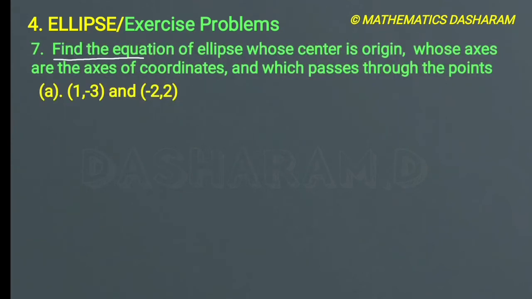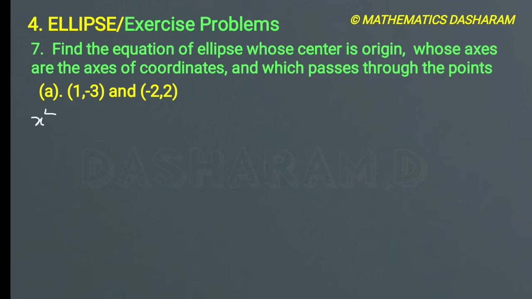Seventh one: find the equation of an ellipse whose center is origin, whose axes are the axes of coordinates, and which passes through the points (1, -3) and (-2, 2).